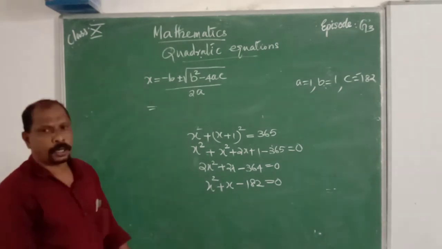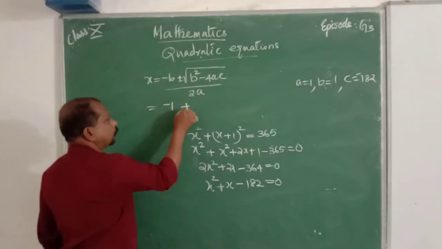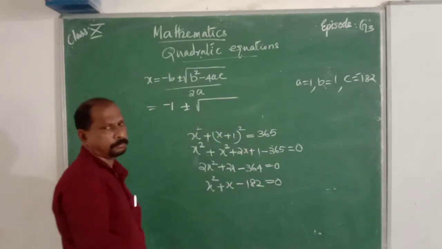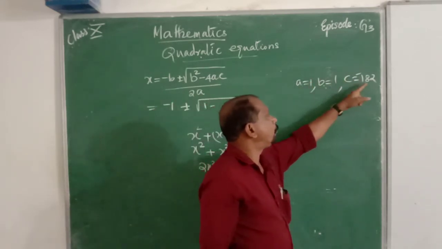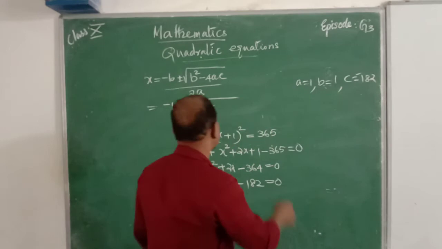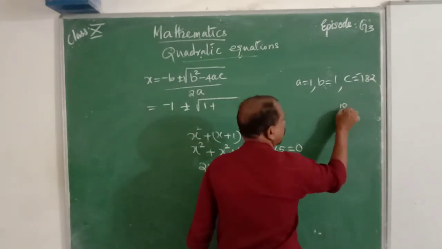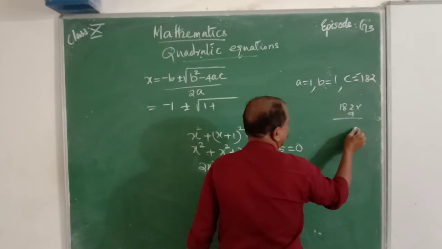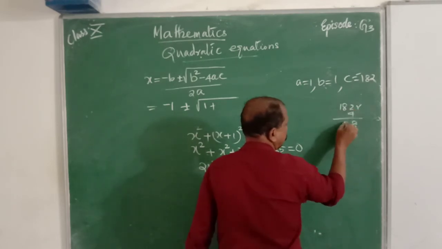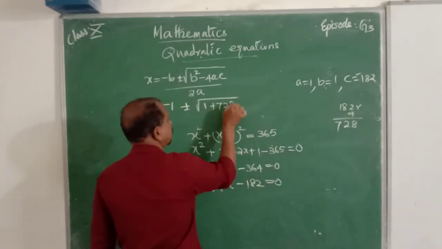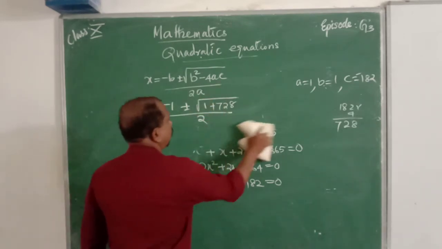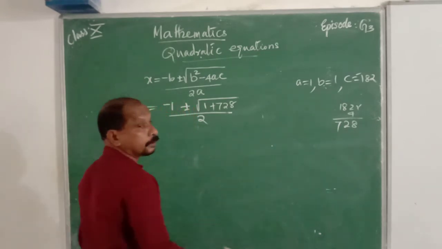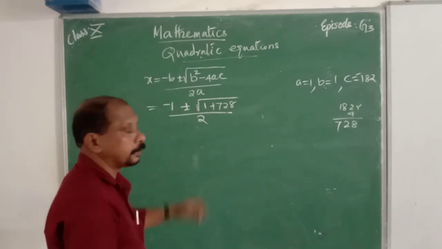Here b is 1, therefore minus b is minus 1, plus or minus root of b square, that is 1 square is 1, minus 4 into 1 into minus 182, minus into minus is plus, 4 times 182 is 728, divided by 2a. 728 plus 1 is 729.